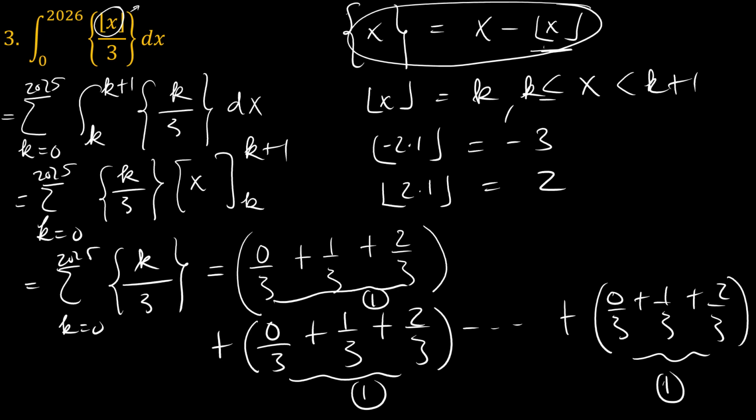Since we are beginning with values 0 up to 2025, these are grouped in clusters of 3, but the total number of values is 2026.